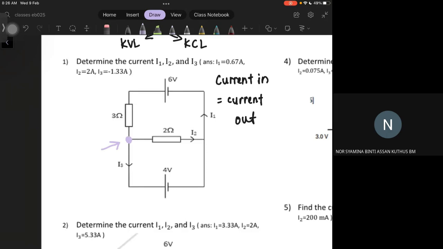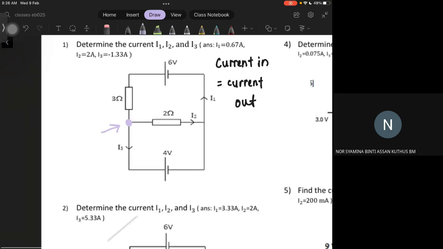Okay, dalam soalan ni biasa apa yang berbeza dengan soalan dalam lecture yang saya explain adalah dekat sini kita ada berapa voltage source? Kita ada 2 voltage source. One is 6 volt and the other one is 4 volt. So kita kena consider loop berdasarkan pada current that flows from each voltage.